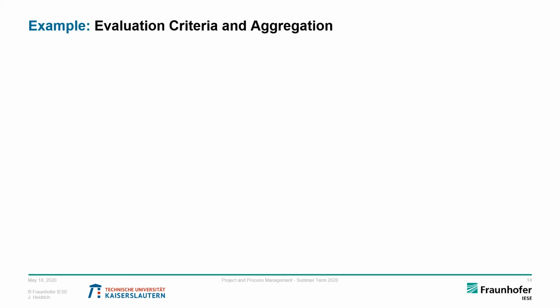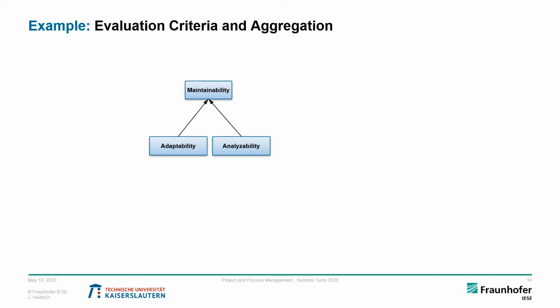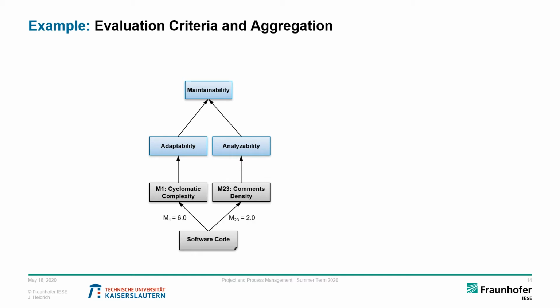Let us have a look at a more complex example here. And let's go back to our maintainability example. We were measuring maintainability as cyclomatic complexity and comments density. And let's assume we have some concrete data for some piece of code. Let's assume the average cyclomatic complexity across all functions is 6, and the comments density is 2.